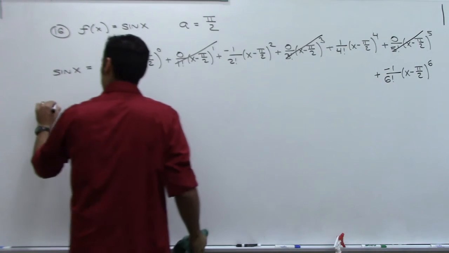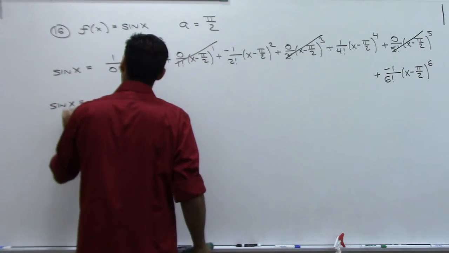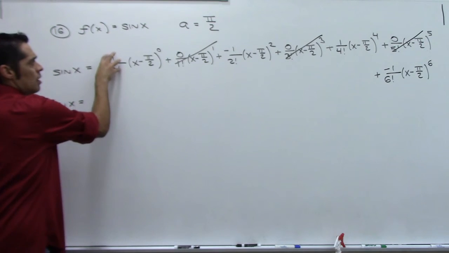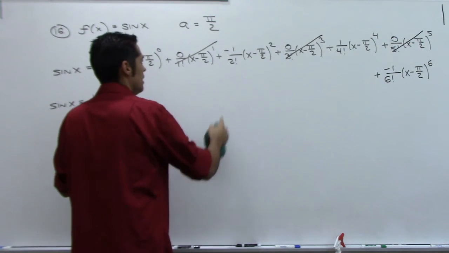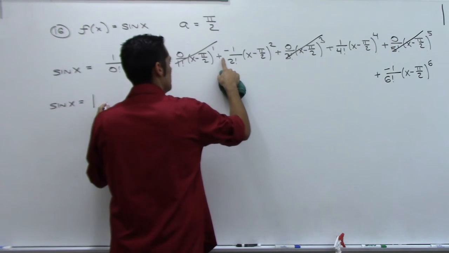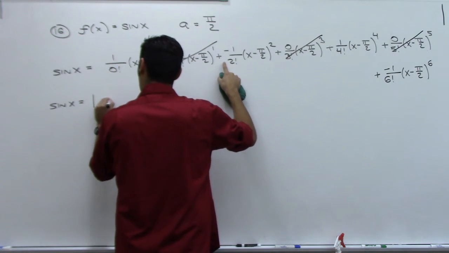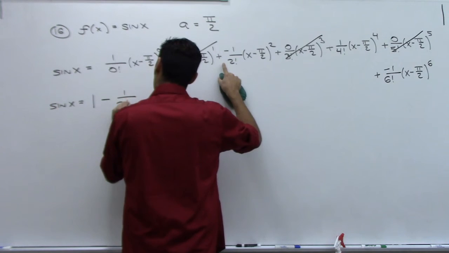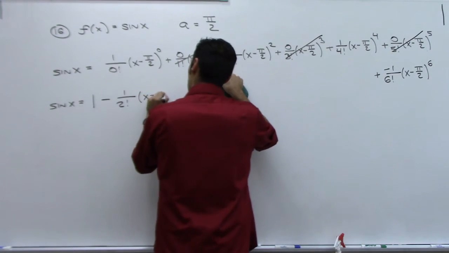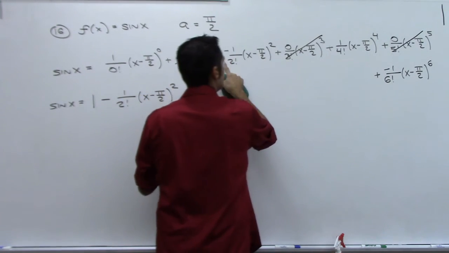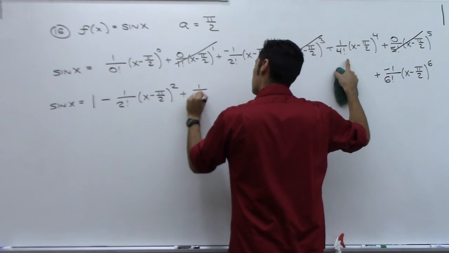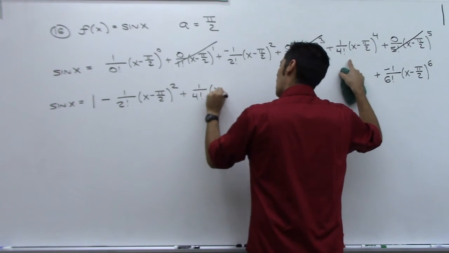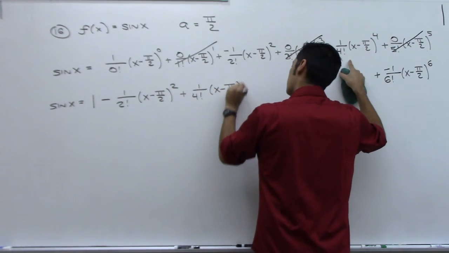So this is sine x equals, this is a 1, that's a 1, so I get 1. Then minus 1 over 2 factorial, x minus pi over 2 squared. The next one I get is plus 1 over 4 factorial, x minus pi over 2 to the fourth.